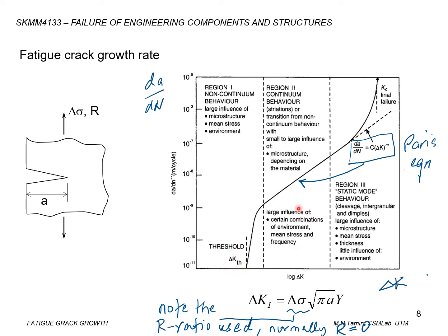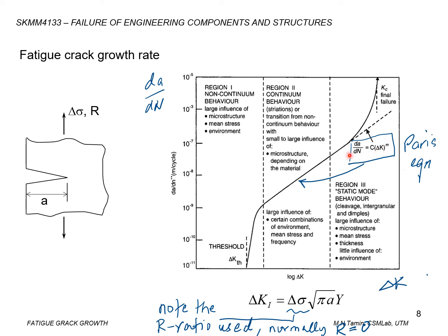Now, the second region is represented by a straight line, and this straight line could be written in the form of a power law because the data is plotted in the log-log scale. As a power law, we have two unknowns: the coefficient C and also the exponent m.